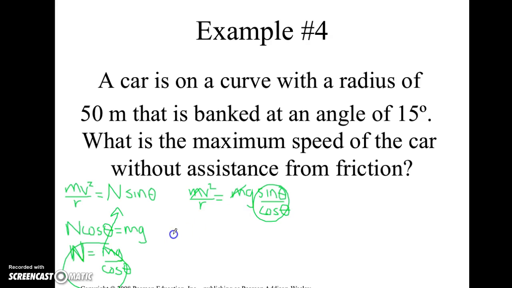So now if I'm rearranging for the velocity, it's going to be the square root of rg times the tangent of the angle. And so now if I plug numbers in here, I've got 50 times 10 times the tangent of 15.